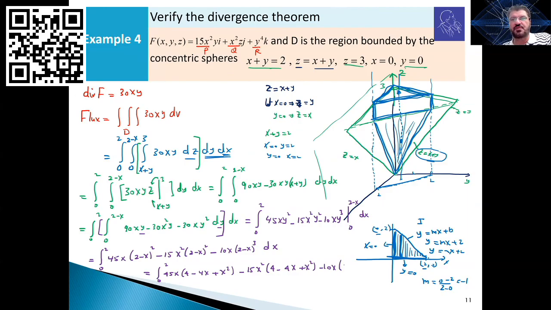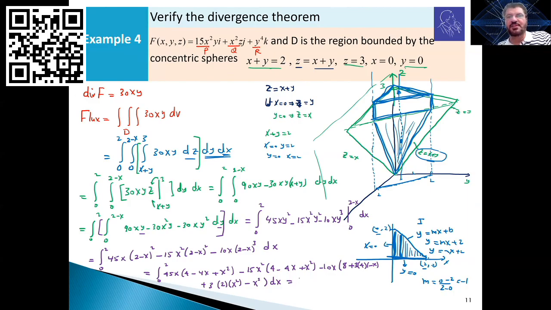The cube is the cube of the first, which is 8, then 3 times the square of the first, which is 4, times the second, which is negative x, then plus 3 times the first, which is 2, times the square of the second, which is positive x squared, and finally minus the cube of the last. And we close and say dx.